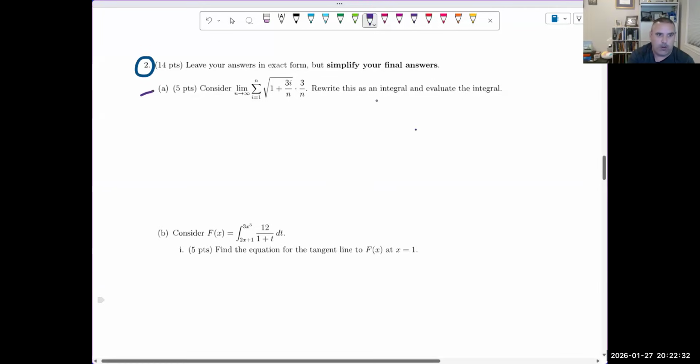So sorry, Luke, we're going to do part A and then we're going to peek. We'll quickly answer your part B question. So this is the bad part of my reviews, is I don't directly answer people's questions. Okay. So anyways, I want to rewrite this as an integral. So let's go through the steps, if this notation was bugging people.